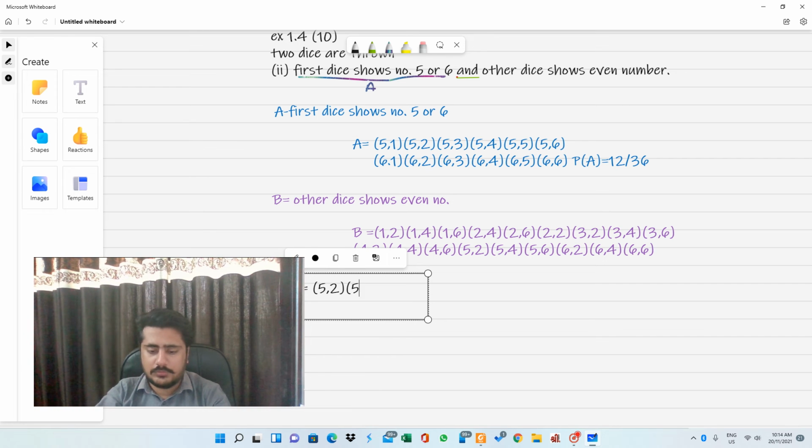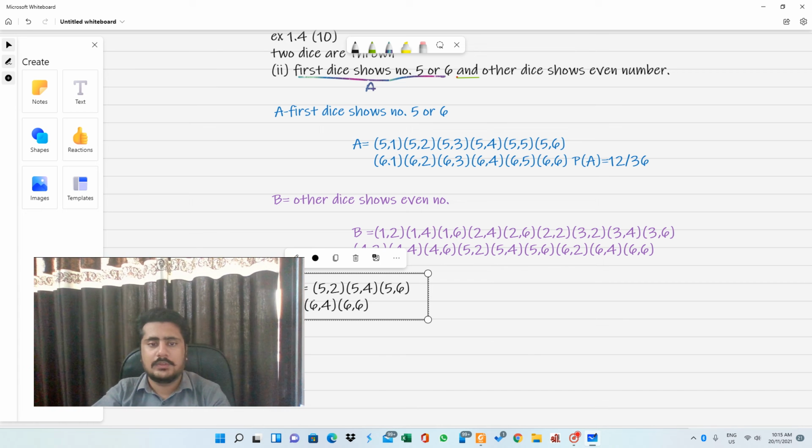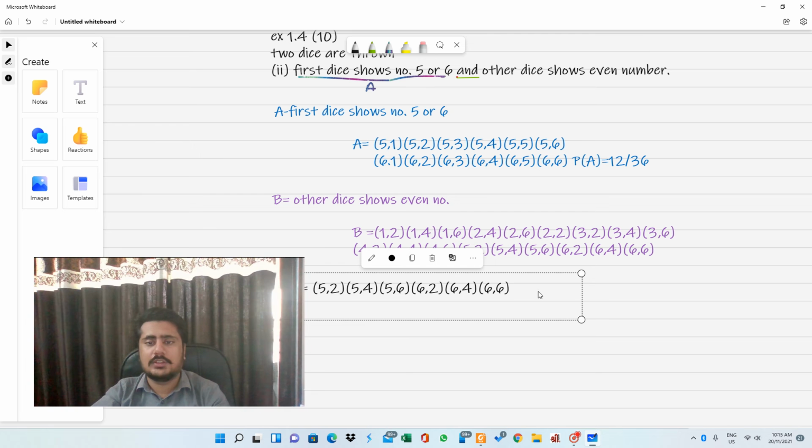So now A intersection B is 5 2, 5 4, 5 6, 6 2, 6 4, 6 6. This is your answer. First die shows 5 or 6 and another die shows the even number.